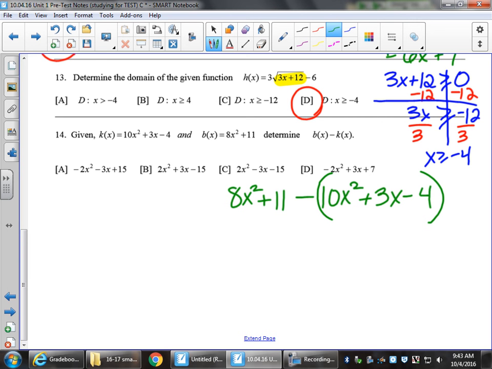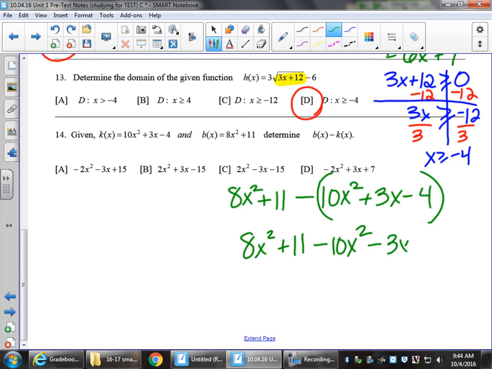Because now what am I going to do with this negative? What do we do with that minus sign? Distribute it in. Remember, that negative represents a -1. It's not going to change any of the values. It just flips the sign. So this 10x squared goes from being positive to negative.